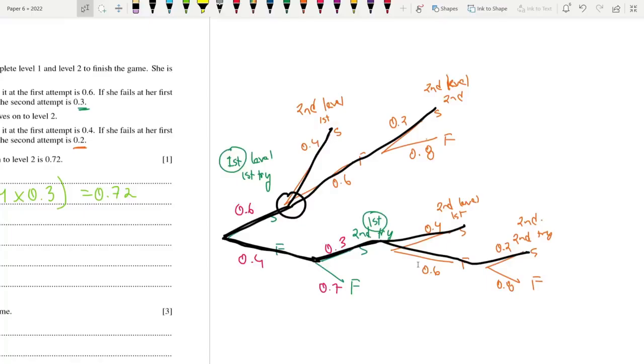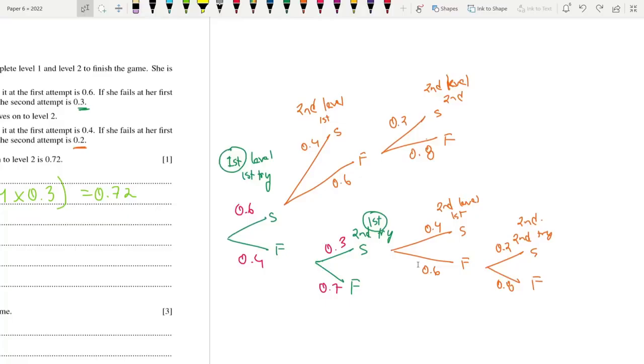If you do stop here, I'll show you the manual route, but you need to understand, to finish the game you need to succeed in both rounds, right?